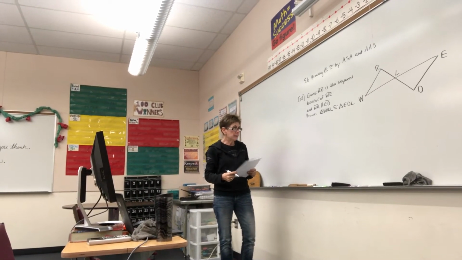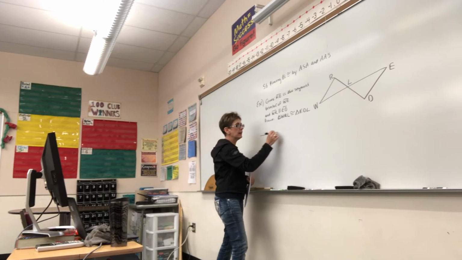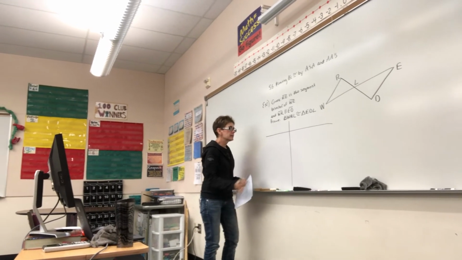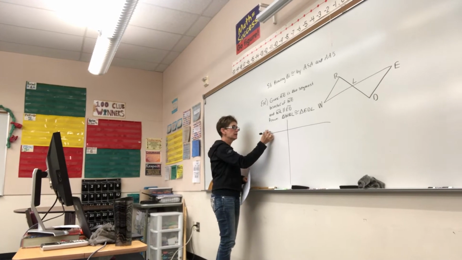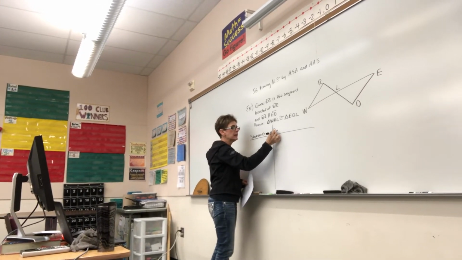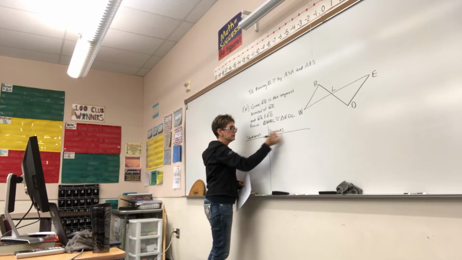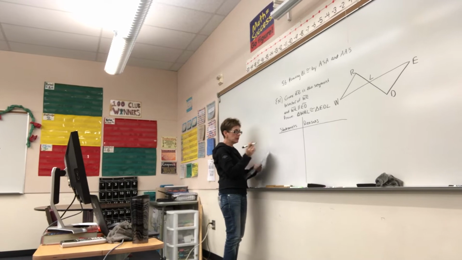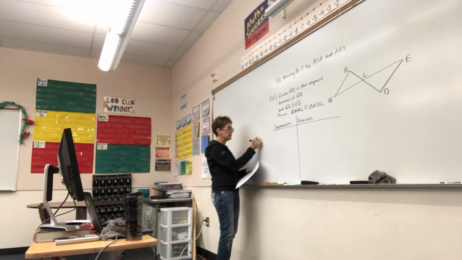We're going to do the same thing that we normally do. Let's draw a lowercase t. Let's write the word statement above the left column, and then reasons here. And remember, for statement 1, we always go ahead and copy whatever we've been given.